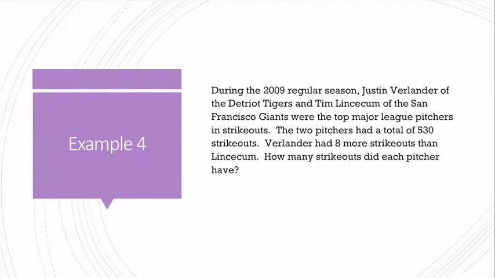Okay, so I have that these two pitchers, we'll go with V and L. So V and L together had 530 strikeouts. I know that Verlander had 8 more strikeouts than Lincecum.